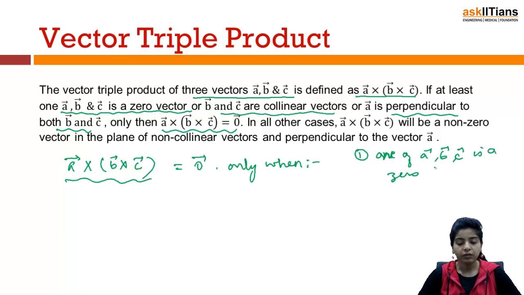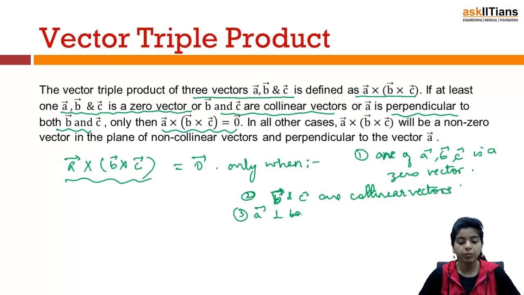Or 2, B and C are collinear vectors. Or third situation, A is perpendicular to both B and C. In all other situations, this product will not turn out to be a zero vector ever. So this was vector triple product.